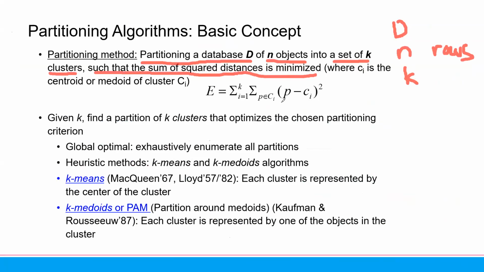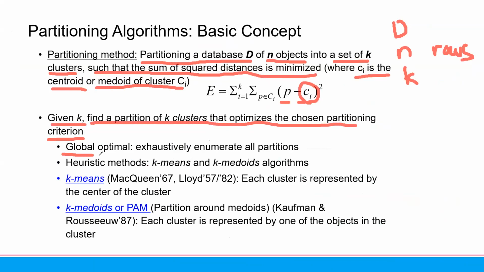We will check later: p minus Ci. What is Ci? Ci is the centroid, or the midpoint, of the cluster Ci. Given k, find a partition of k clusters that optimizes the chosen partitioning criteria.